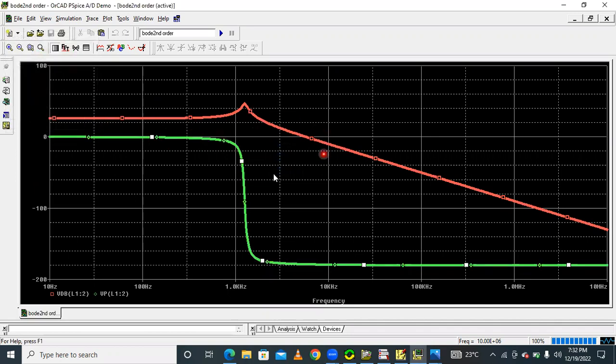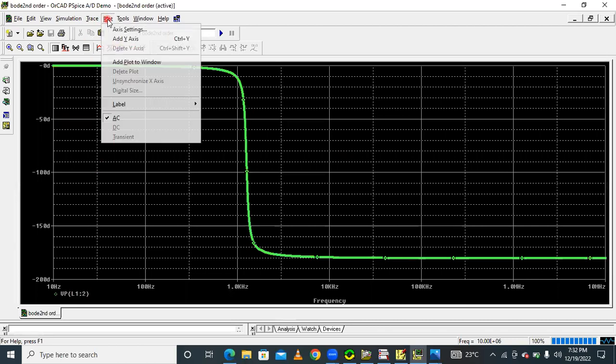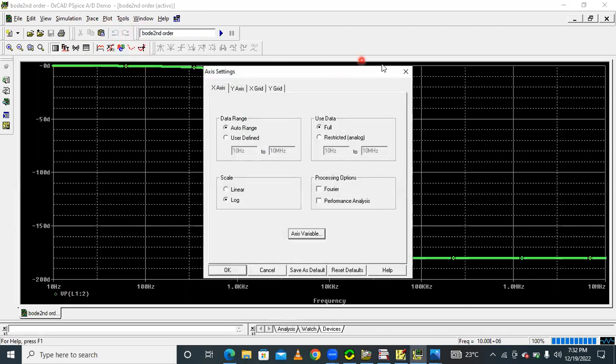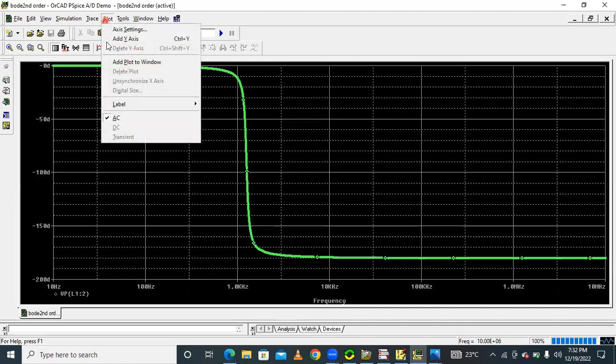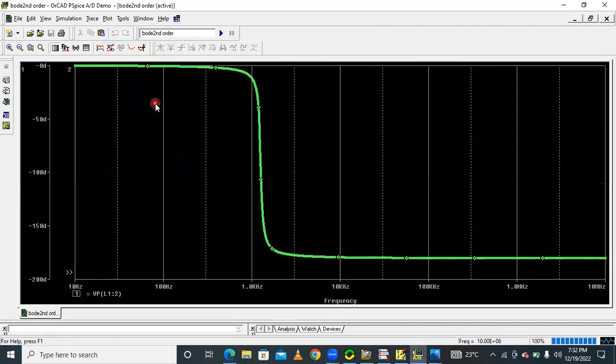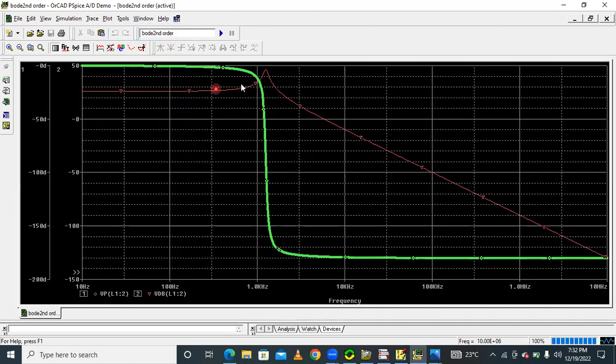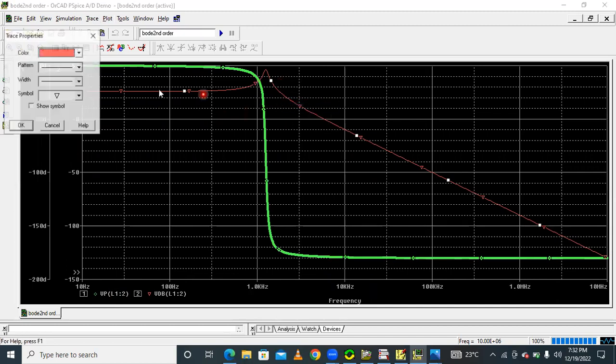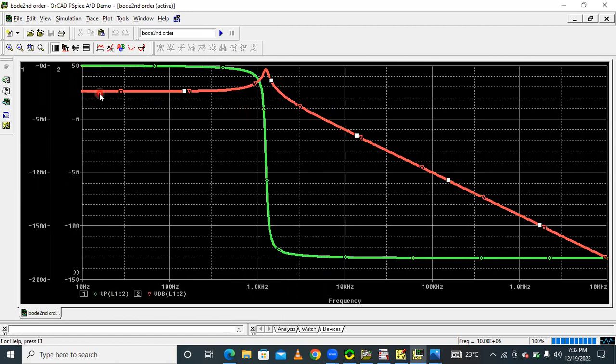For the magnitude plot and phase plot, separate them by pressing Control X, then go to plot, add axis, Control V. Like this, the plot is changed, I mean the y-axis and x-axis are separated. This is called the magnitude plot, and the phase plot changes. For the overdamped system, in this way we have to execute.